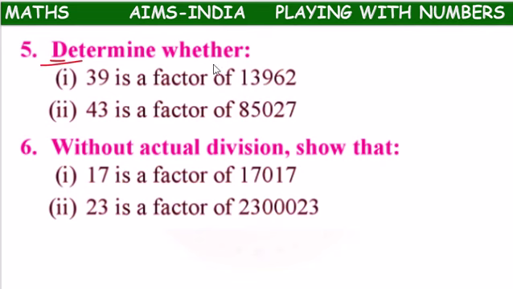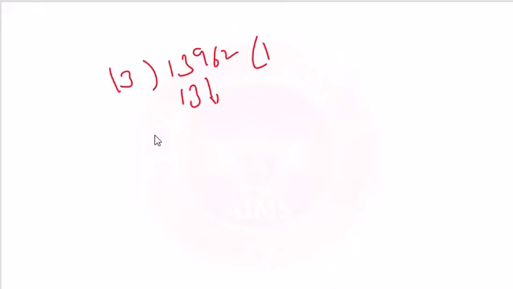Next, determine whether 39 is a factor of 13962 or not. How can we find a factor? By dividing. 13962 we are having, we have to divide with 13. 13 times 1 is 13, 9 we carry down, but 9 is less than 13, so we keep 0 here.